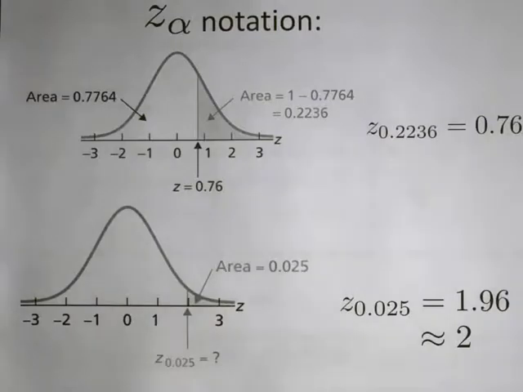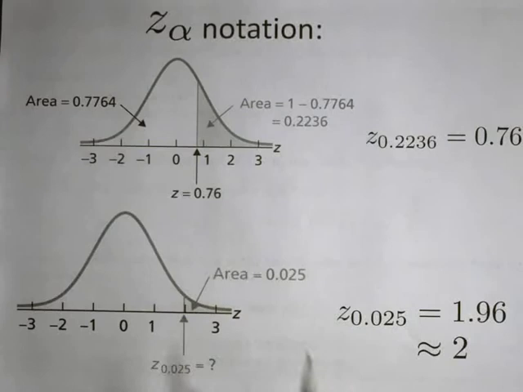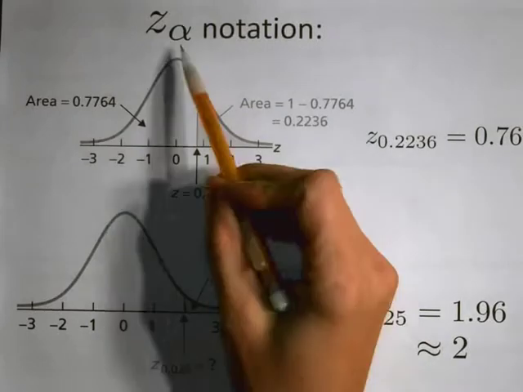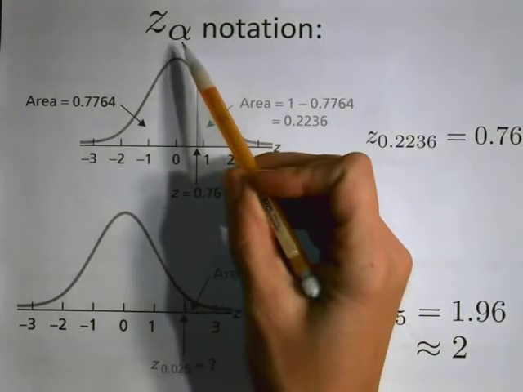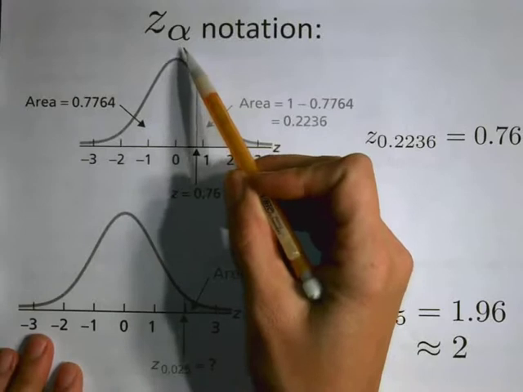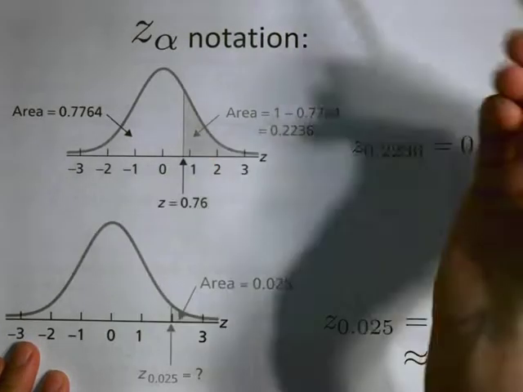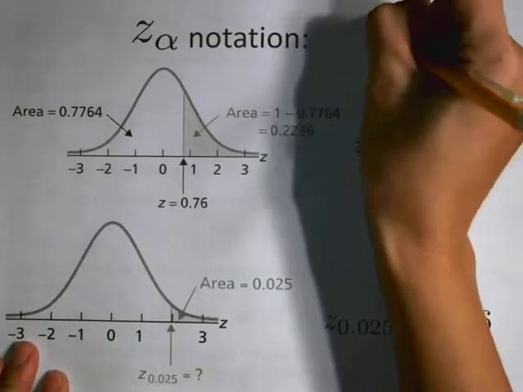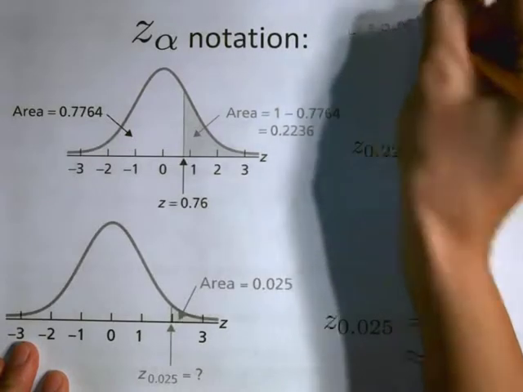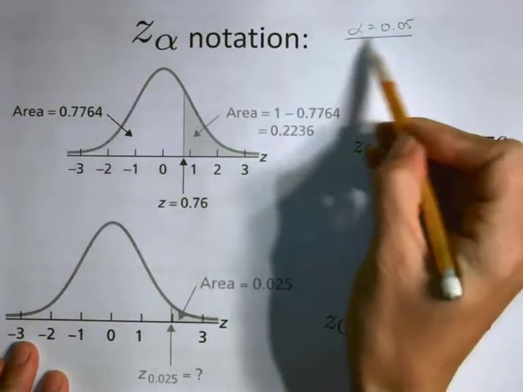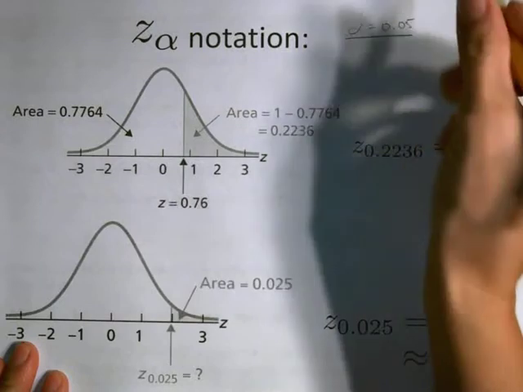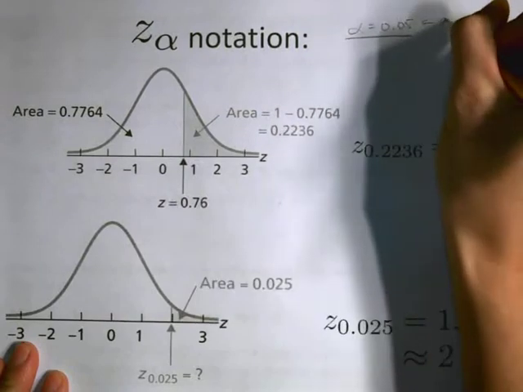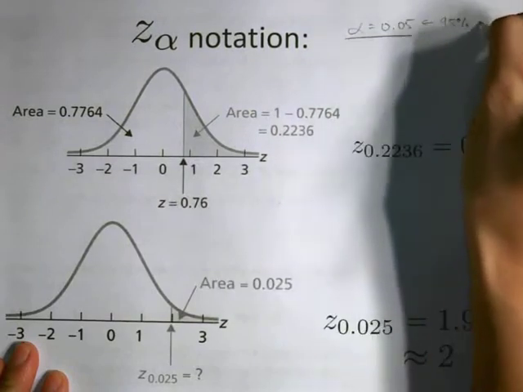So just to remind you, this notation ends up being sort of important for this chapter, so I just wanted to remind you what it means, the Z alpha notation. So alpha here is something that corresponds to the confidence interval. If I were to say that alpha is 0.05, that means I want 95% confidence.